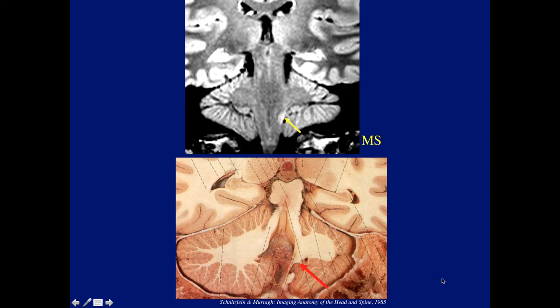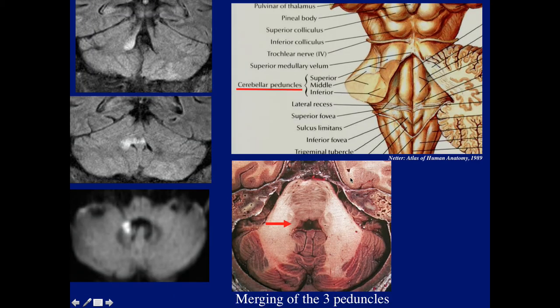There's an unusual case of MS involving the inferior cerebellar peduncle. We can see the region here on the specimen. Now, sometimes we have lesions involving where all three peduncles meet.